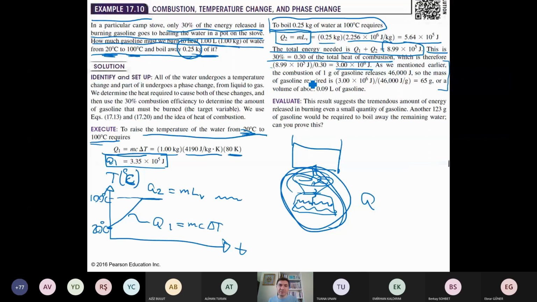The combustion of 1 gram of gasoline releases 46,000 joule. Then in order to produce this heat, we need 65 gram of gasoline, or 0.9 liter of gasoline.